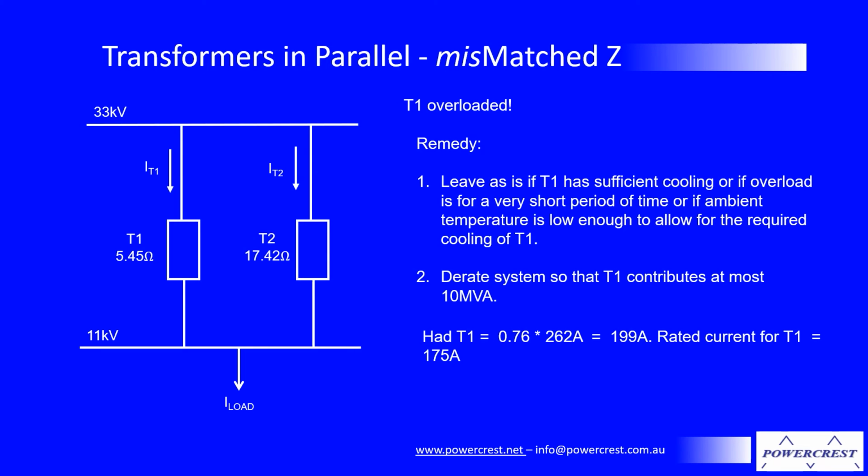So this calculation below results in the system now being derated from 15 MVA down to 13.16 MVA. So, in other words, if the system total load is only 13.16 MVA, then T1 will at most deliver 175 amps, which is at its rated capacity.